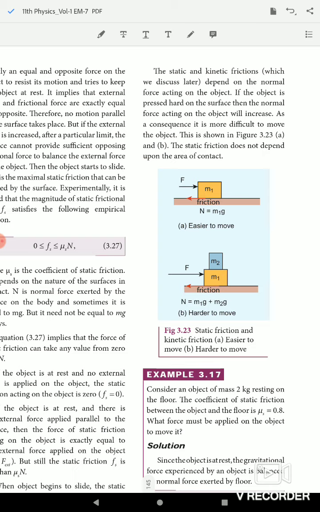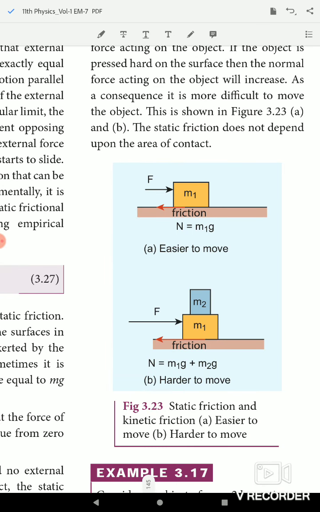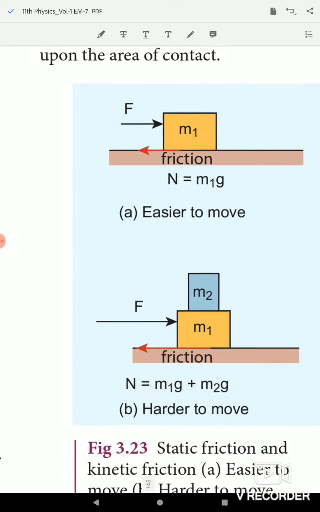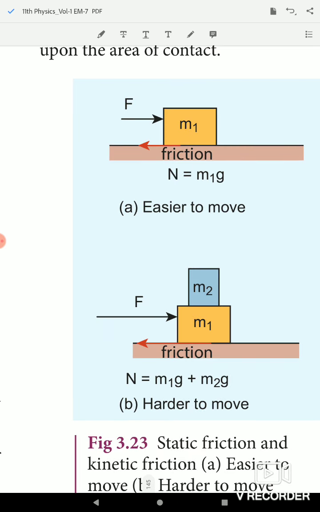So the static and kinetic frictions depend on the normal force acting on the object. If the object is pressed hard on the surface, then the normal force acting on the object will increase. As a consequence, it is more difficult to move the object. For this diagram, the force is applied horizontally, that is parallel to the surface, so it moves easier.